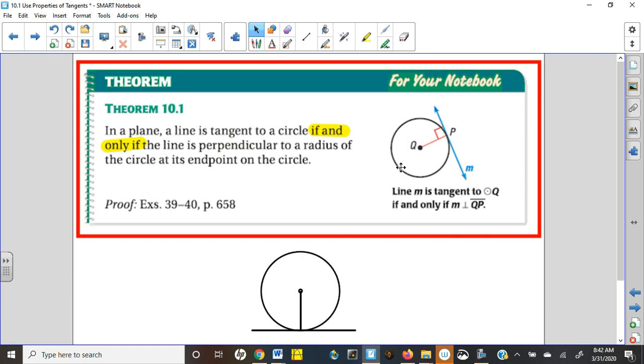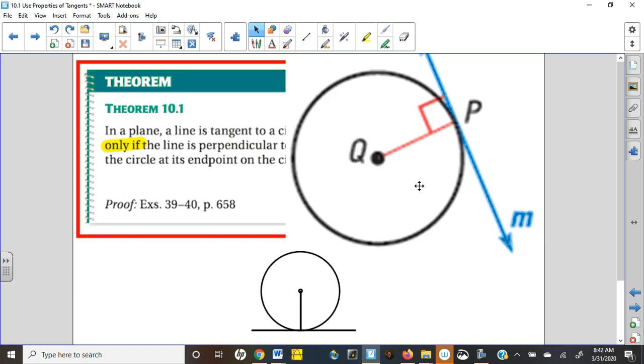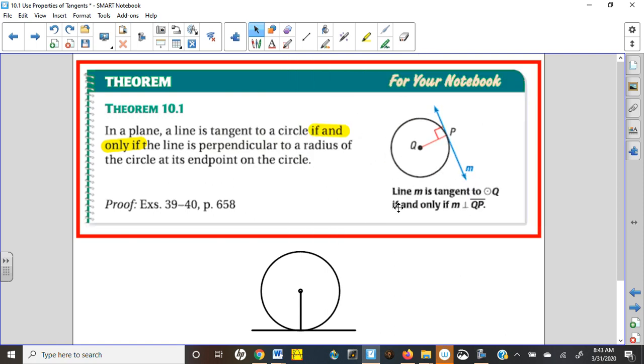That biconditional statement means that if the line is tangent to the circle, then when I draw the radius to that point, it has to be perpendicular. But it also means that if I have a radius that hits a line at a point and creates a perpendicular relationship, that line has to be a tangent. It can't be a secant. It has to be a tangent. So it works in both directions, okay?